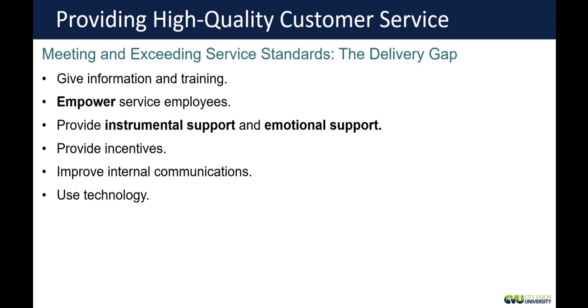We need to empower our employees, empower our members, if it's like a nonprofit, to go out and do things, right? We need to support them, provide incentives, communicate with individuals and say, hey, this is how we're doing, right? Use technology as much as possible to improve this. So again, providing and delivering.